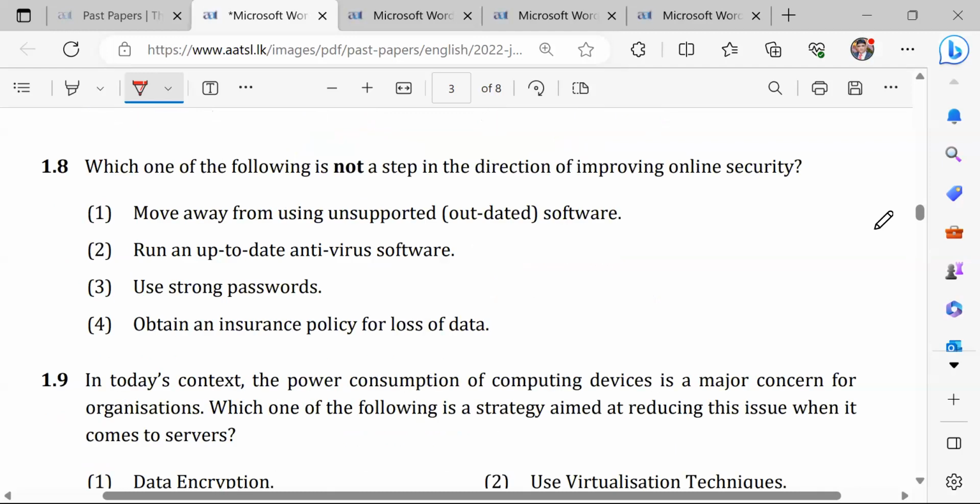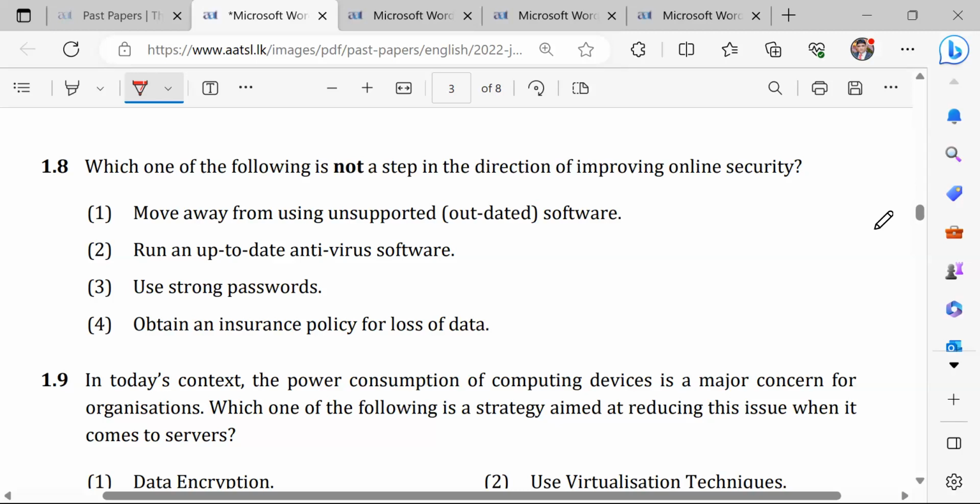Which one of the following is not a step in the direction of improving online security or cyber security, right? What is not included? Move away from using unsupported software.